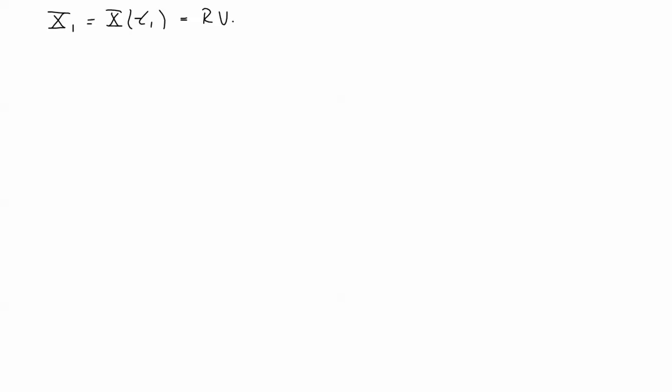So x1 is a random variable, and that is my random process evaluated at a specific instant in time. And I'm going to let x2 be my same random process examined at a different instant in time.